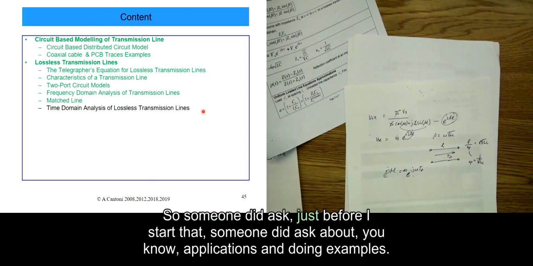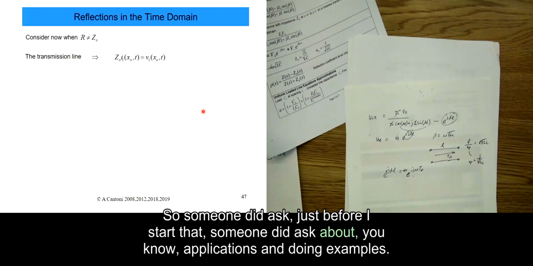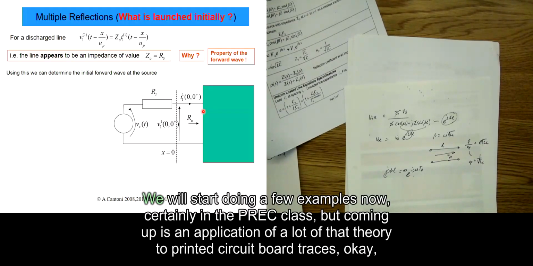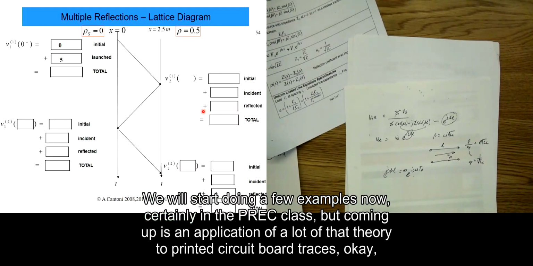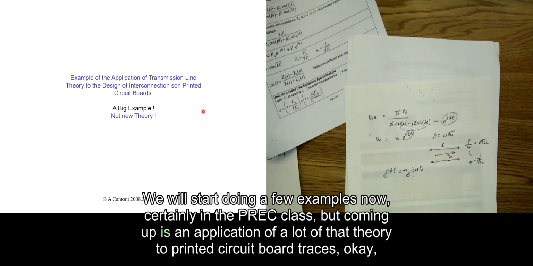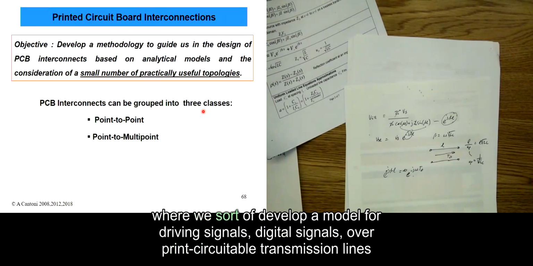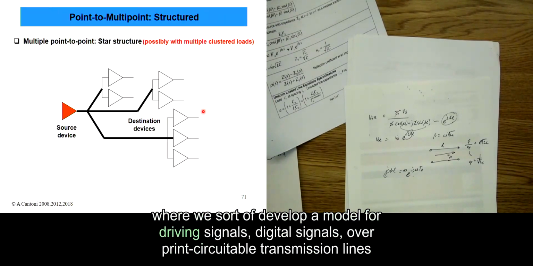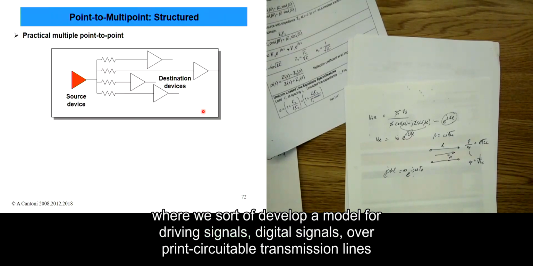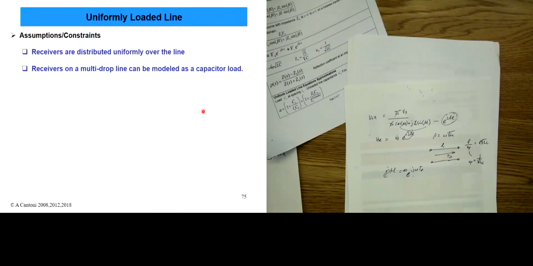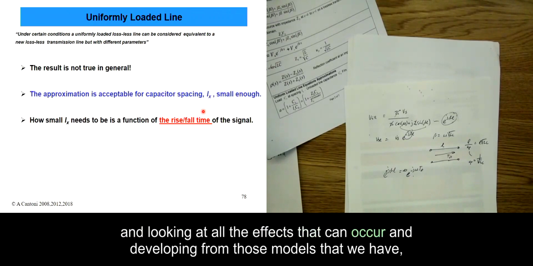Someone did ask, just before I start, about applications and doing examples. We will start doing a few examples now, certainly in the prac class. But coming up is an application of a lot of that theory to printed circuit board traces, where we develop a model for driving digital signals over printed circuit board transmission lines, and look at all the effects that can occur.